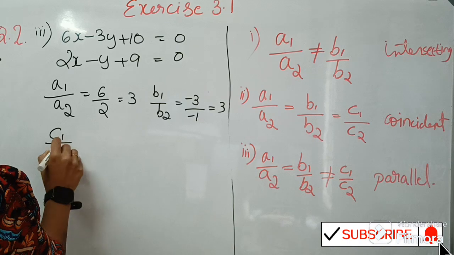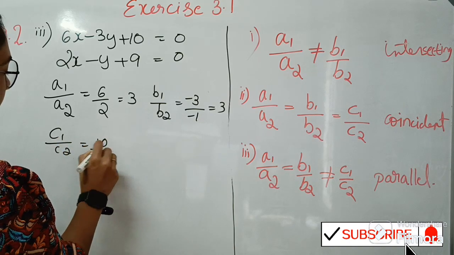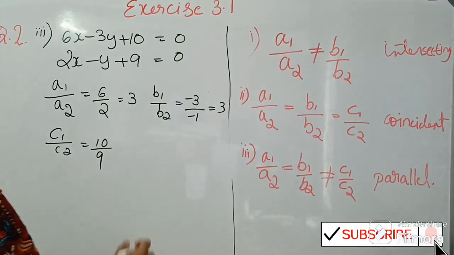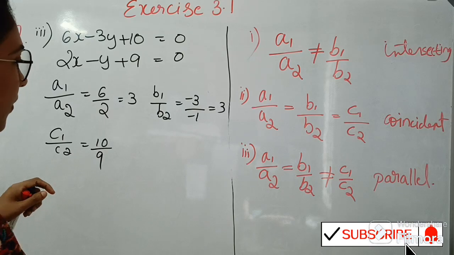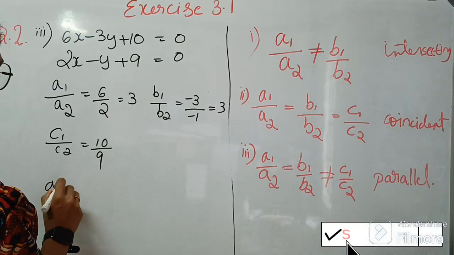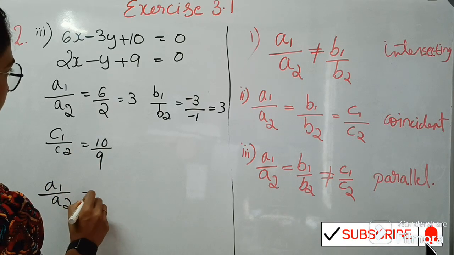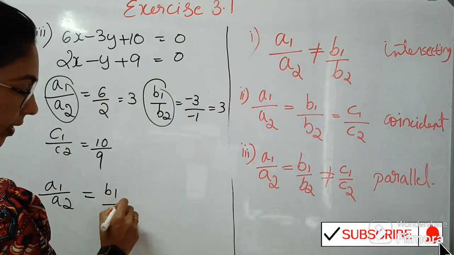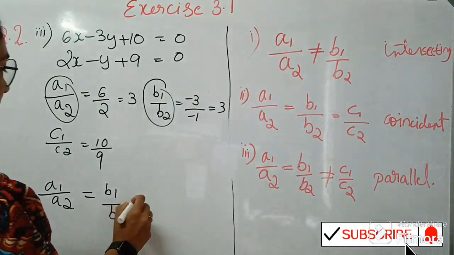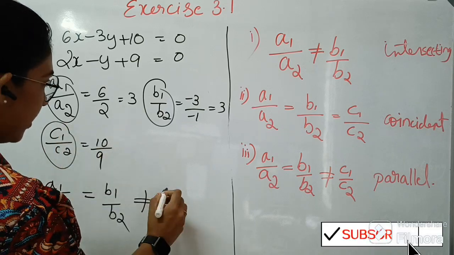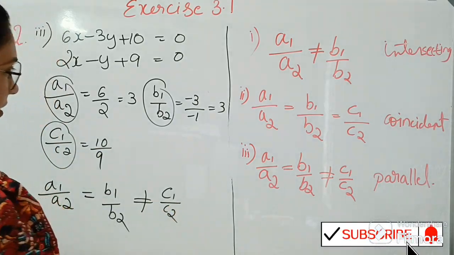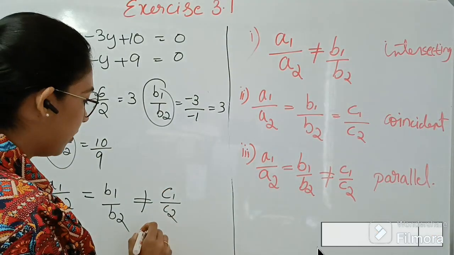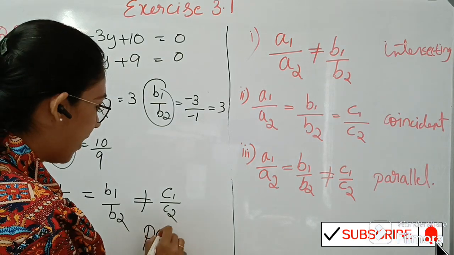And finally c1 by c2 is equal to 10 by 9. From this we get that a1 by a2 is equal to b1 by b2 but not equal to c1 by c2. We can conclude that these lines are parallel.